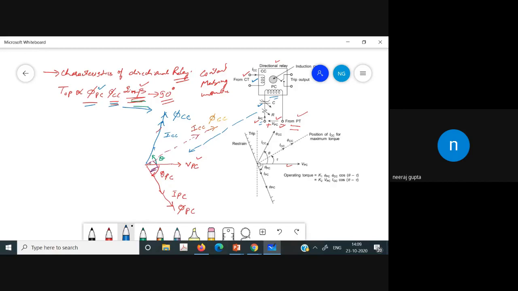In that case the maximum torque is produced, because phi CC and phi PC are 90 degrees apart as per this relation.